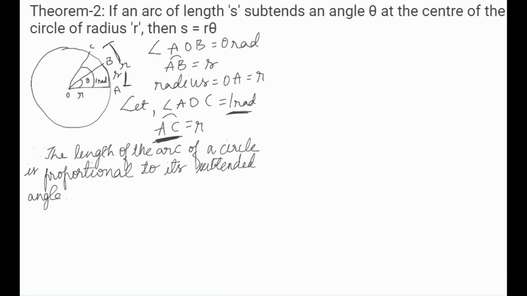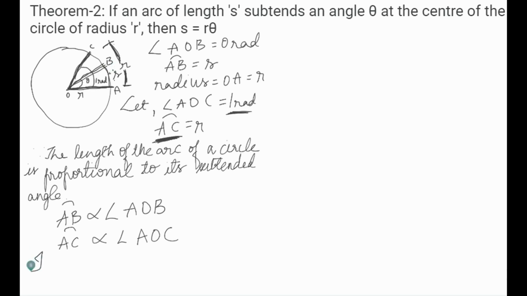So therefore, arc AB is proportional to the angle AOB, which is theta radians. Arc AB is proportional to angle AOB, and also arc AC is proportional to the angle AOC, which is 1 radian. Arc AC is proportional to angle AOC.